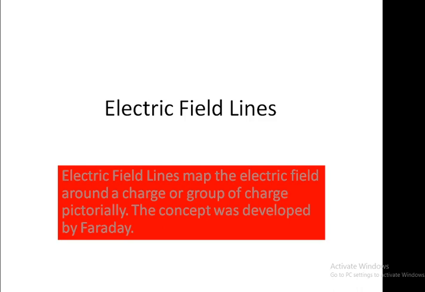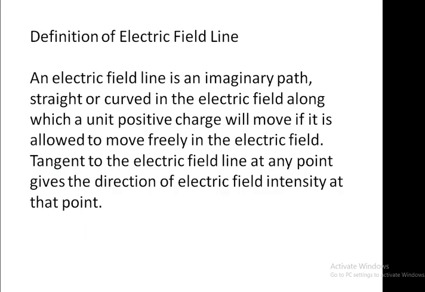Now what is this electric field line? What is its definition? An electric field line is an imaginary path, maybe a straight or curved path, in the electric field along which a unit positive charge will move if it is allowed to move freely in the electric field.